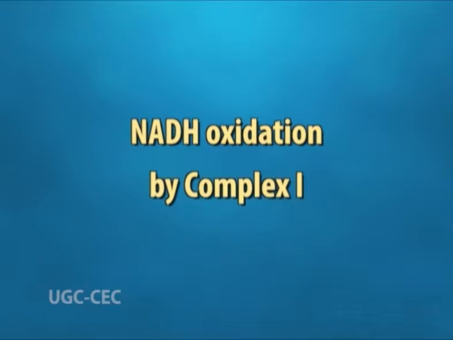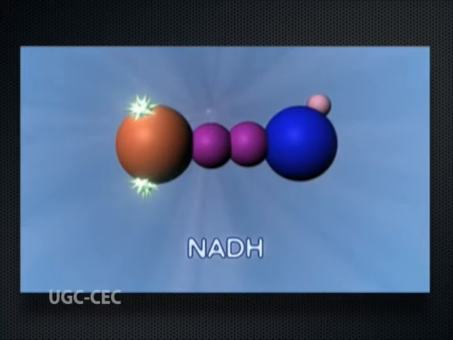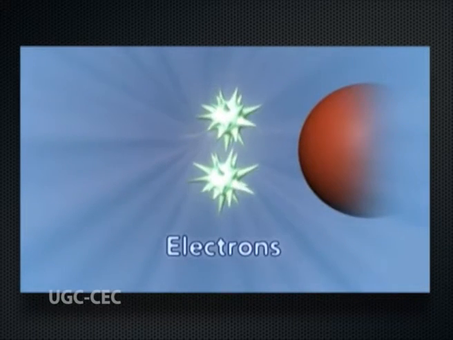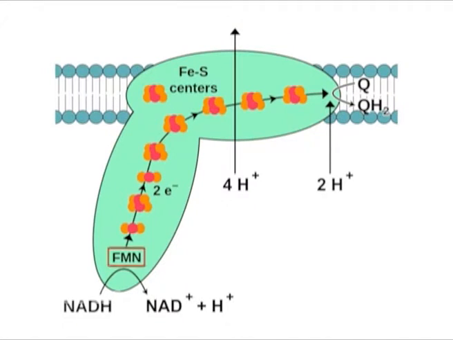First is NADH oxidation by complex 1. Each NADH transfers its 2 high energy electrons to FMN, then to an iron sulfur protein and finally to coenzyme Q, ubiquinone.